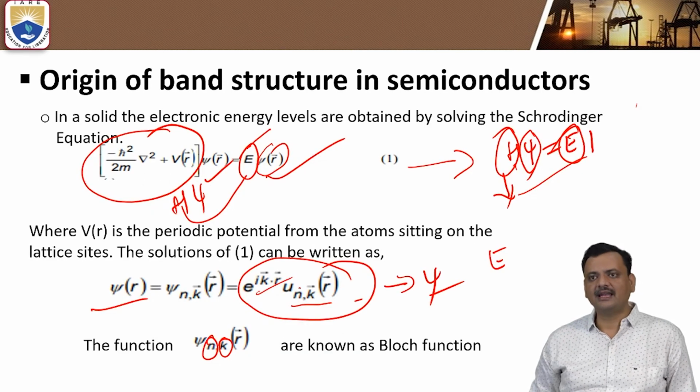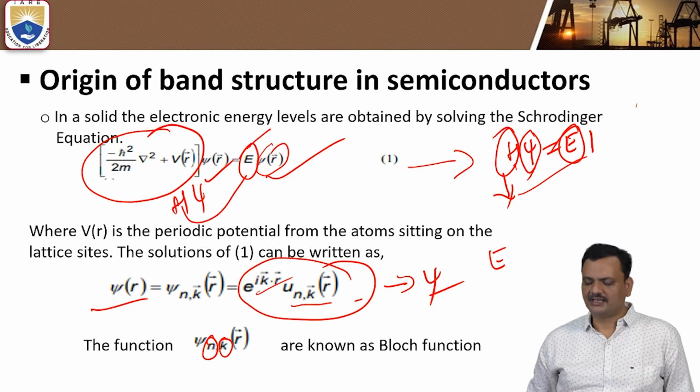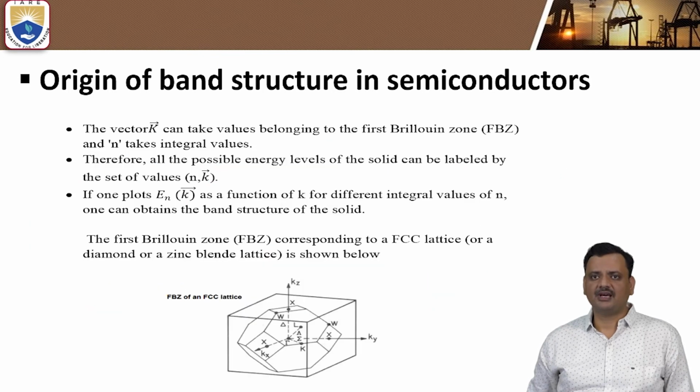Now n and k: n is an integer value, k is the wave vector.